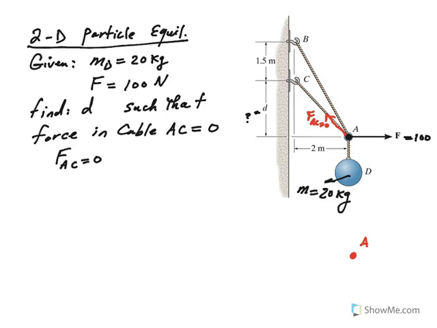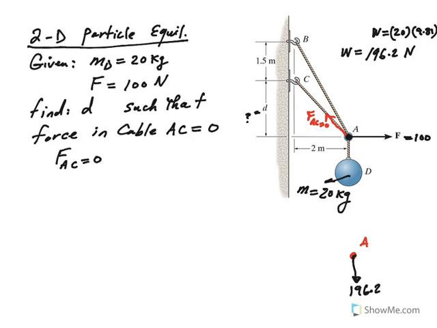I start with the weight of the ball, which is 20 times 9.81. Remember, the weight is mass times gravity. So that becomes 196.2 newtons, vertically down.